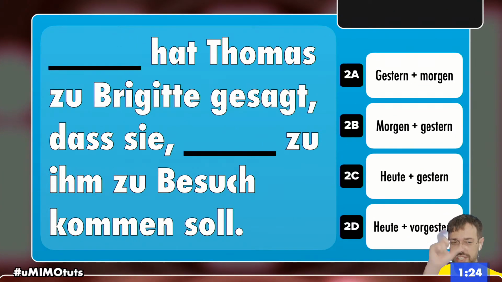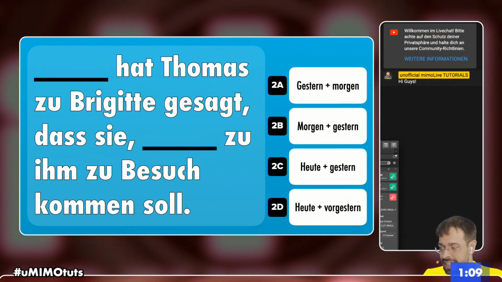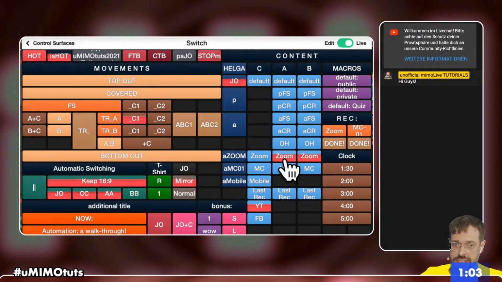As you can see, the switching is happening automatically, and this helps to keep the eye directly on the camera. And now I bring Mimolive back into the image. I just click the button on the, how should I say, screen?